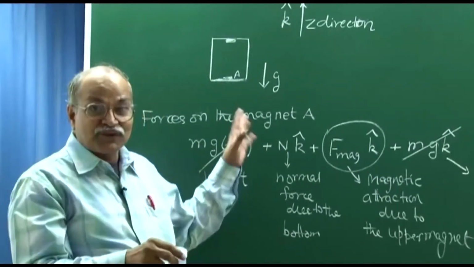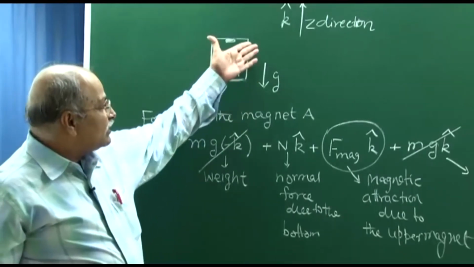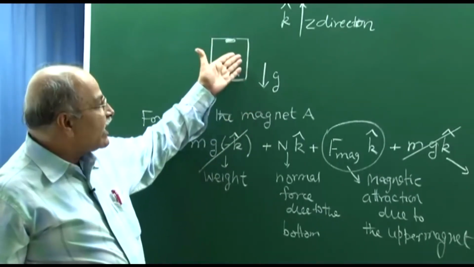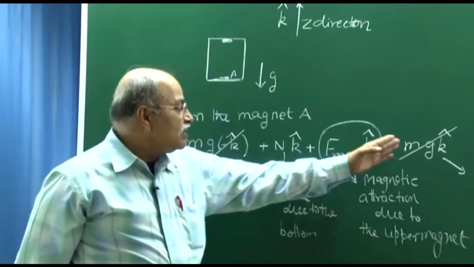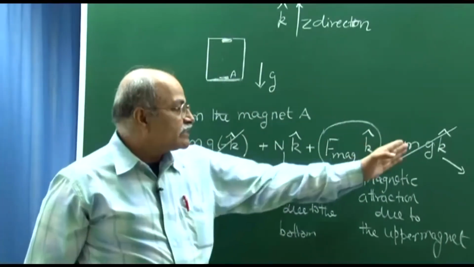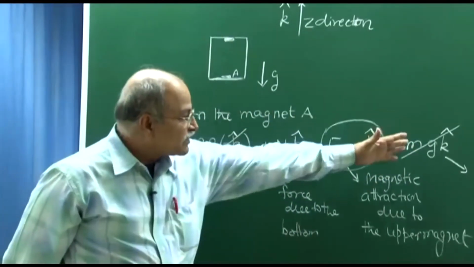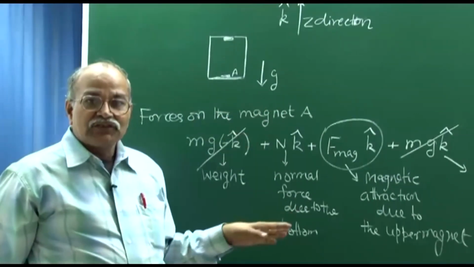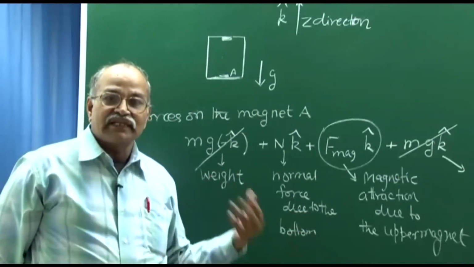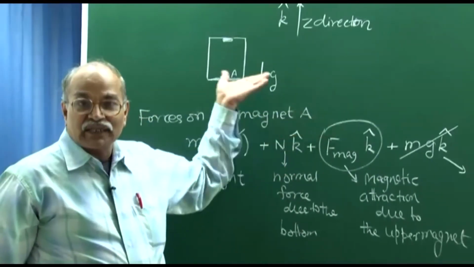So, this is how pseudo forces are included. And if your frame is falling freely, or it has an acceleration g as you see here, all effects of gravity get cancelled with the pseudo force. So, the pseudo force and the weight cancel each other. So, you forget pseudo force and you forget gravity, and you can write your equations and it works.